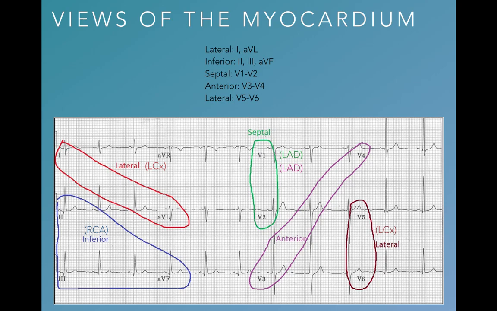If you hear someone has an inferior infarct, that doesn't necessarily tell the type of heart attack, but you will know right away that 2, 3, AVF are most likely involved. And then you can combine things to be inferior lateral infarct and so on. So it's important to have these circles in your head as you look at an EKG.